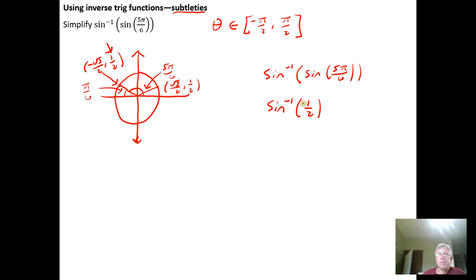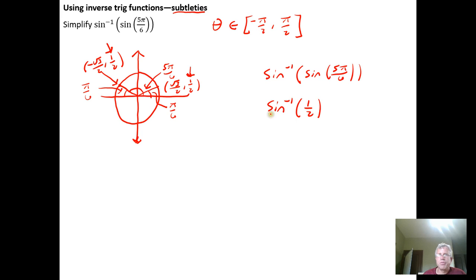So the sine inverse of 1/2 wants to generate an angle on the interval from negative pi over 2 to pi over 2 that has a side ratio of 1/2. And we look over here and we see that between negative pi over 2 and pi over 2, the angle pi over 6 generates a side ratio of positive 1/2.